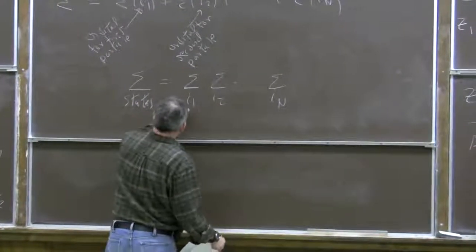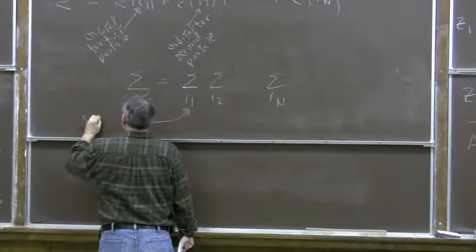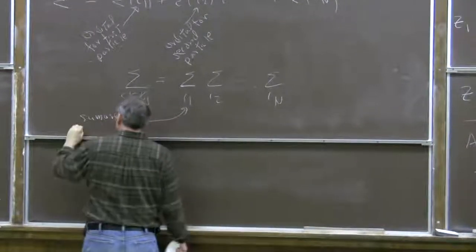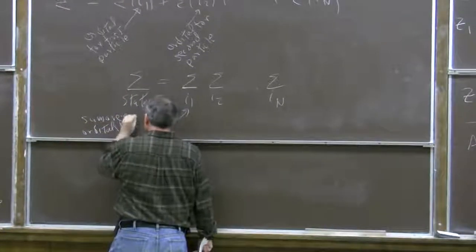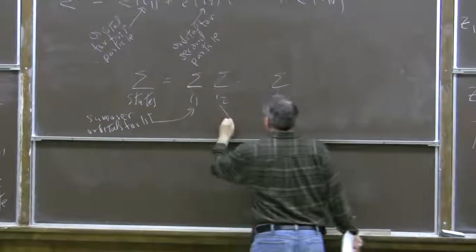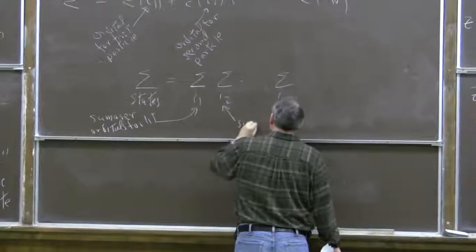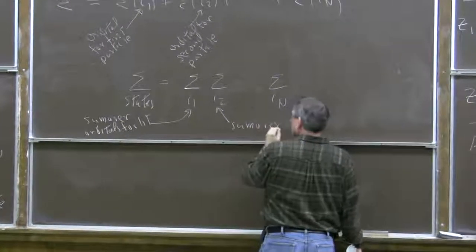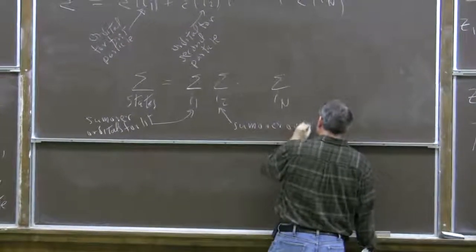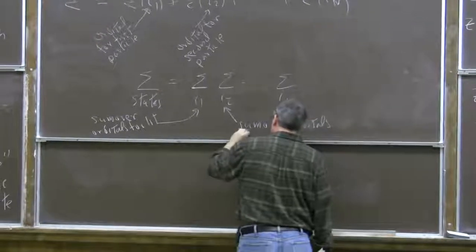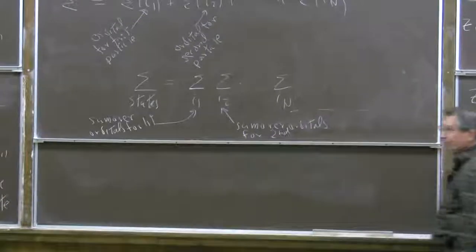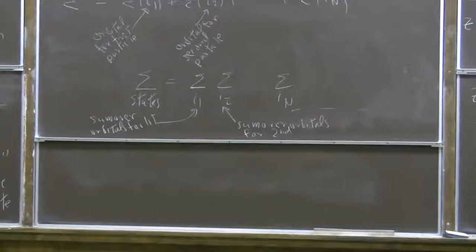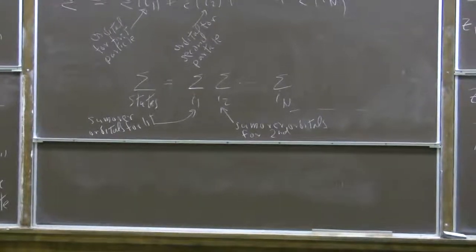So here, sum over orbitals for the first particle, sum over orbitals for the second, and so on. Okay? And that means I'm summing over all the possible states for n particles.